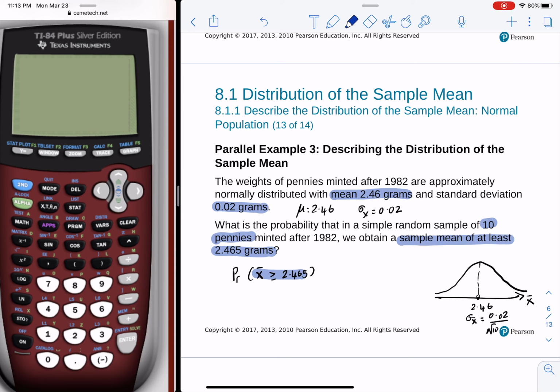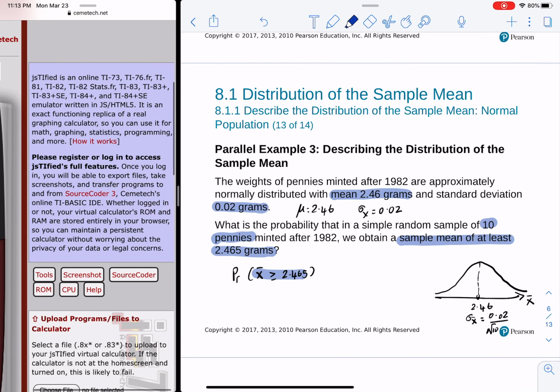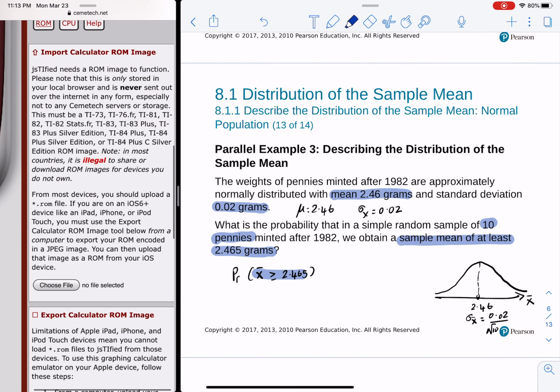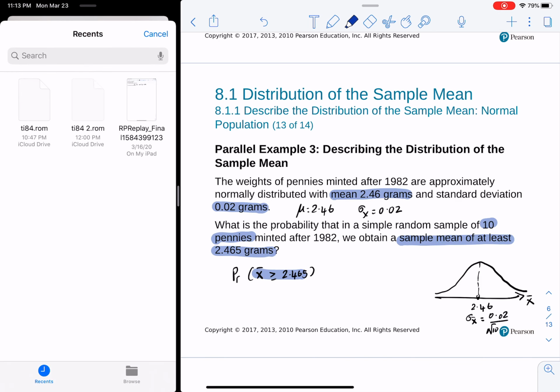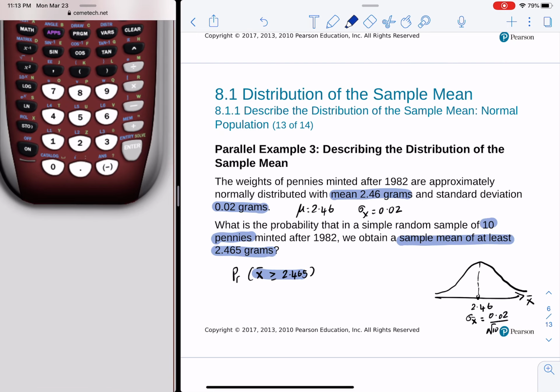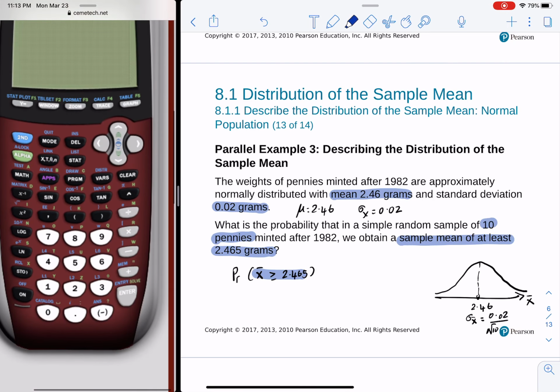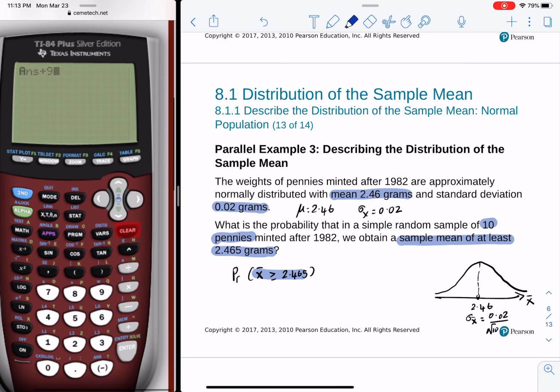So how do we find the probability? We know now that the mean is 2.46 and the standard deviation is the standard error, which is 0.02 divided by square root of 10.